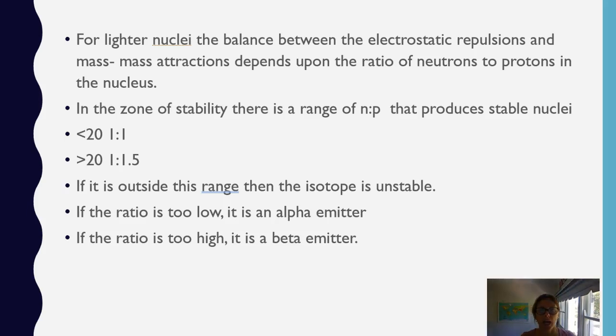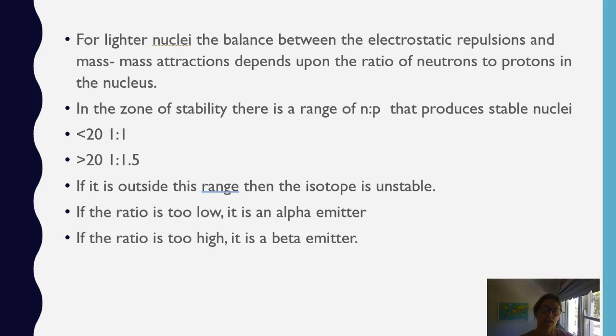So for our lighter nucleus, the balance between those forces still depends on that ratio. For our elements 20 and under, we have what we call that zone or band of stability that I showed you in the previous one, where we're really wanting our neutrons to protons to be a 1-to-1 ratio.